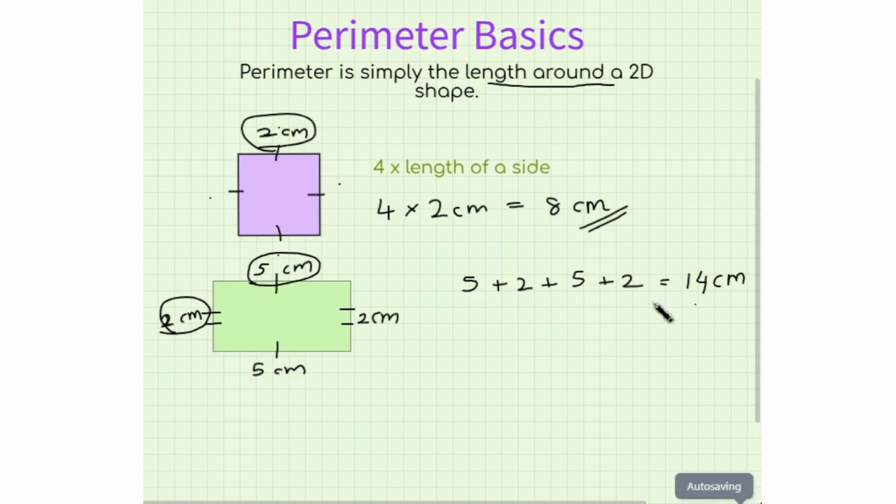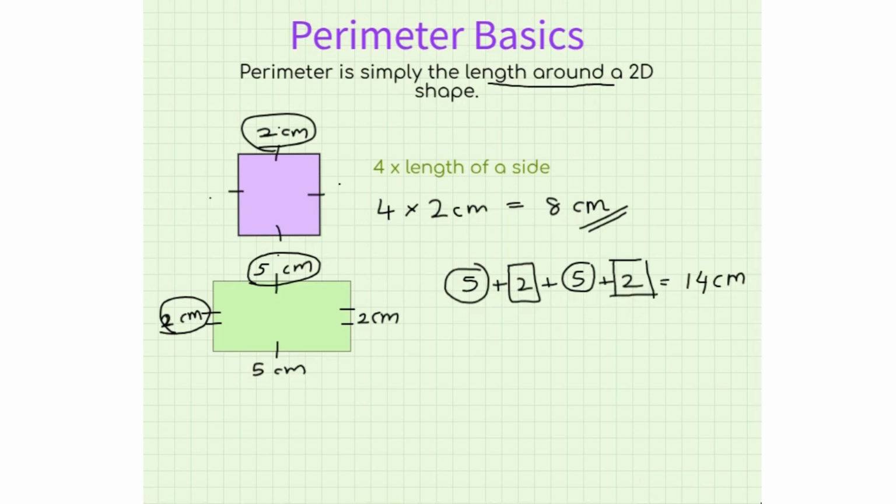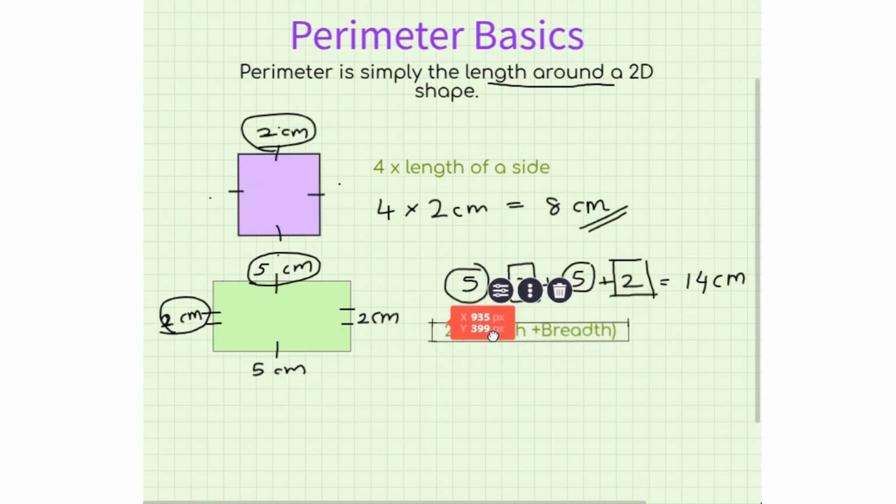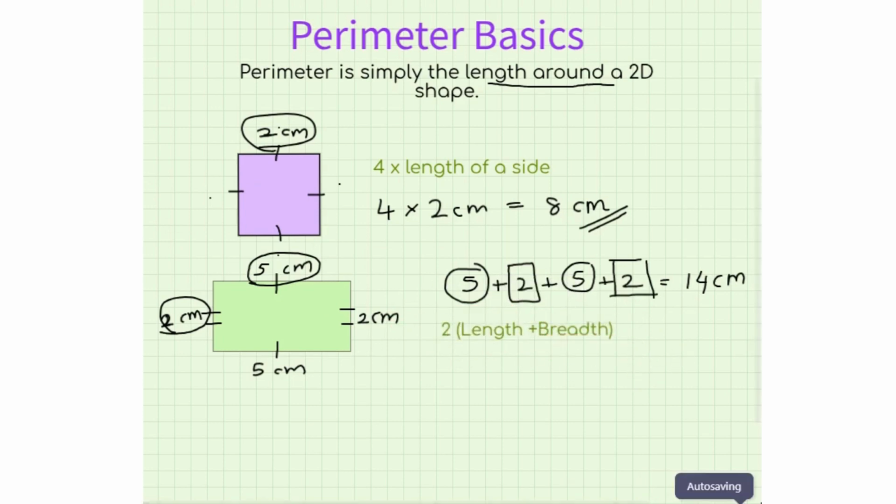So again, let's come up with the formula to make things easier for us, right? Now we can see we have added the same number twice here, right? 2 times 5, and then this also 2 times 2, isn't it? Okay, so we can come up with the formula for this one like this, right? If we use the formula this time, it will be 2 times the length.